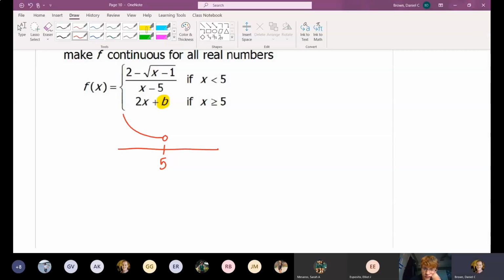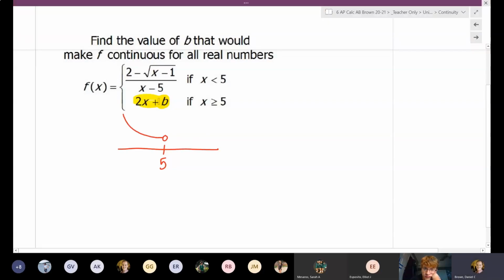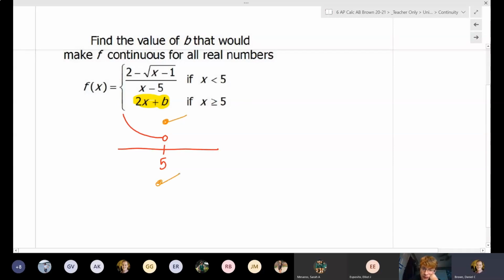For the second piece, we are looking for a graph so that when it starts where x is equal to 5, it doesn't start above or down here. We want to fill in that hole and then continue so that they are connected and your function is continuous. So if I want to figure out a way to make our function continuous, any ideas of what you could do for this problem?